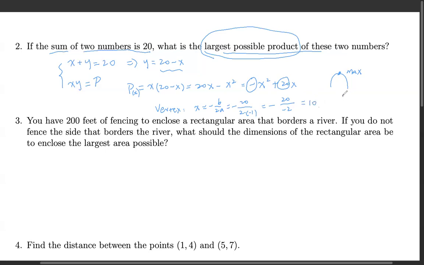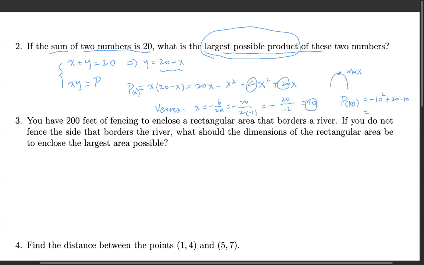Well, negative becomes positive. 20 divided by 2, that's 10. Now I need to find the largest possible product. So when the x value is 10, the product is the biggest. So now we can evaluate p of 10, the product with x equals 10. So we get -10 squared plus 20 times 10. That's -10 squared without parentheses, because this negative is outside.